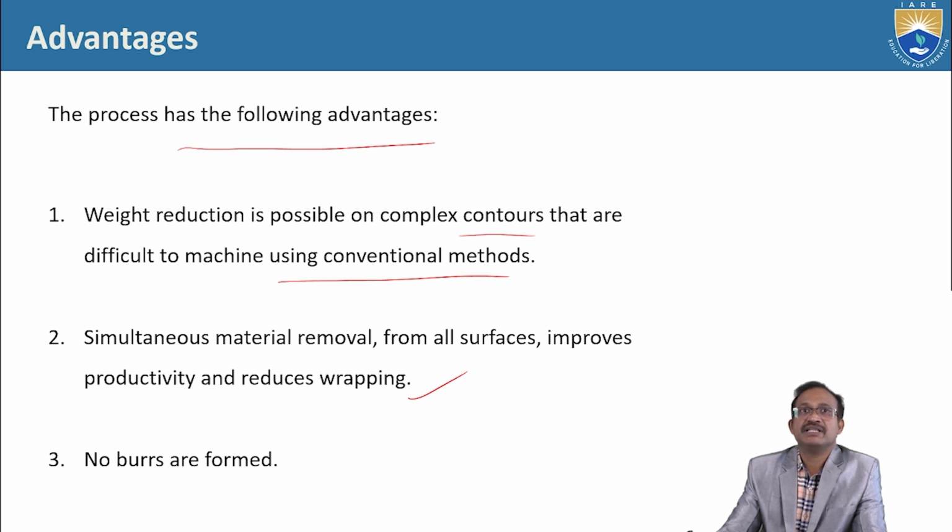It may be drilling, taper turning, turning, or plane milling, etc. So we have to do all those things one by one. But here we can remove the material in parallel, simultaneously from all surfaces. So we need not change the position of the workpiece as in the conventional machining process.